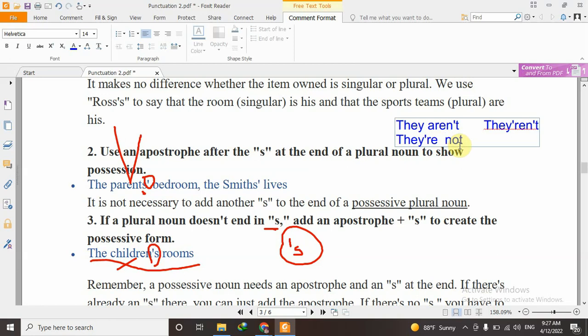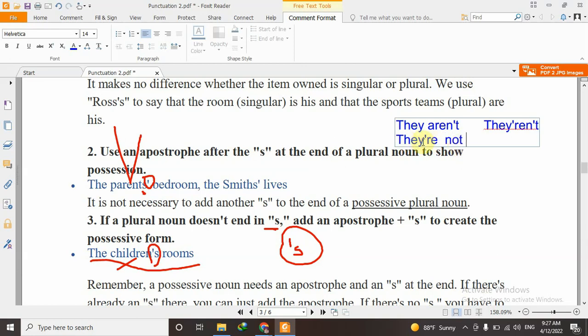You know, they are not, unless you want to emphasize the negation of the word not.